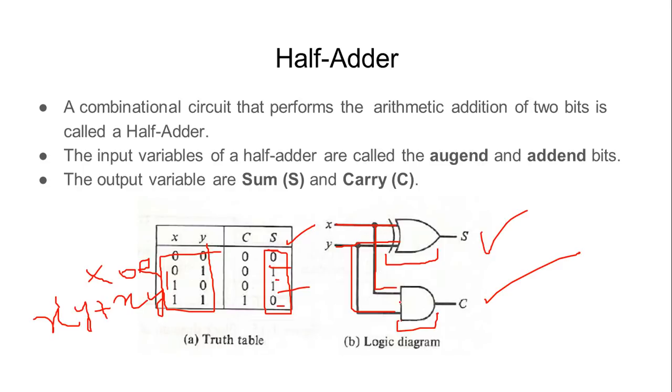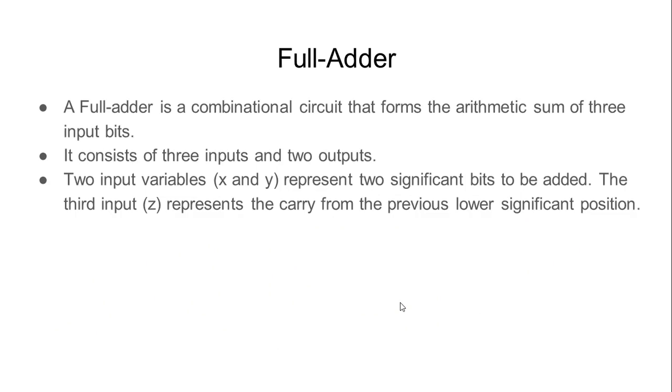You can quickly look at the entire truth table as well as the logic circuit diagram in order to understand the concept in more detail. So after this, there comes the full adder. It is very important to understand the full adder here, reason being, a little bit more concept is being used here, or you could say the structure is a little bit more complex than that of the half adder.